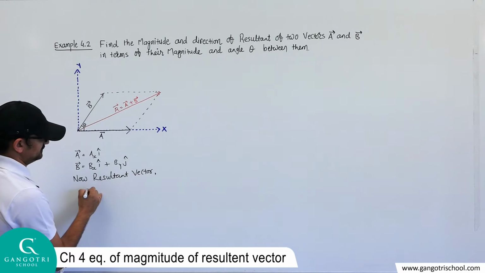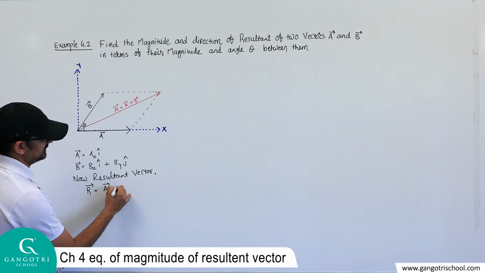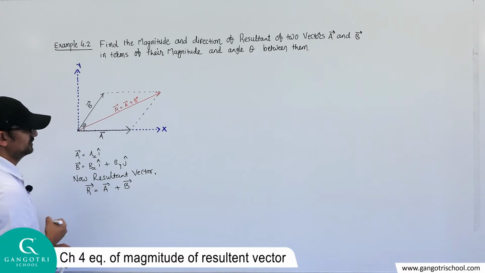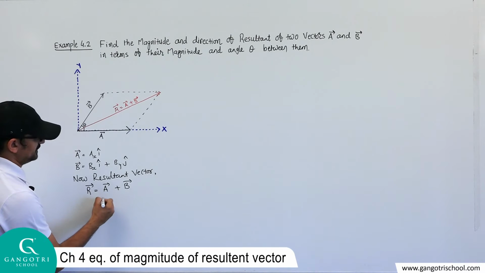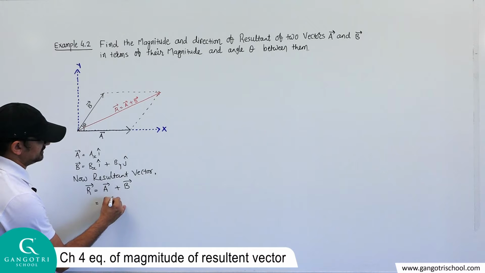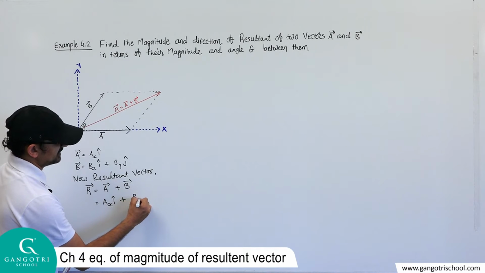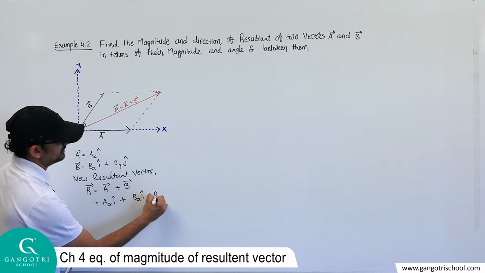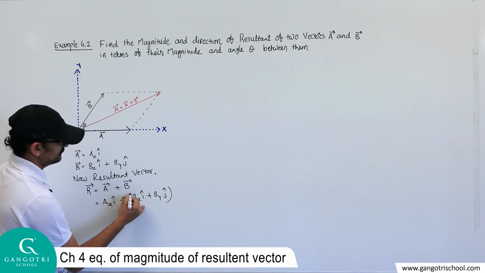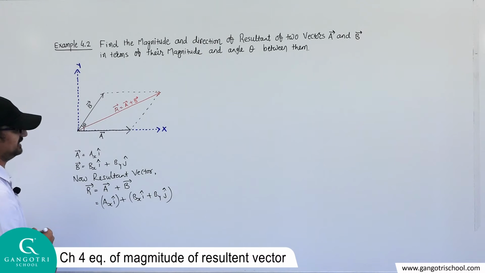We know that R is the resultant of vector A and vector B. So we can write vector A means ax i caret and vector B means bx i caret plus by j caret.